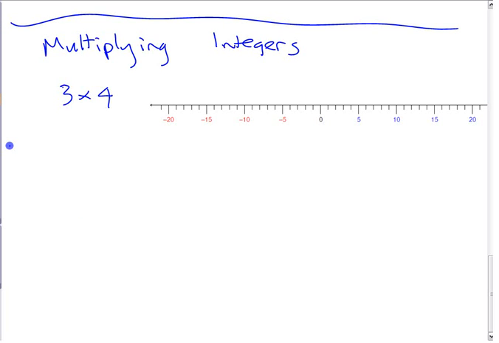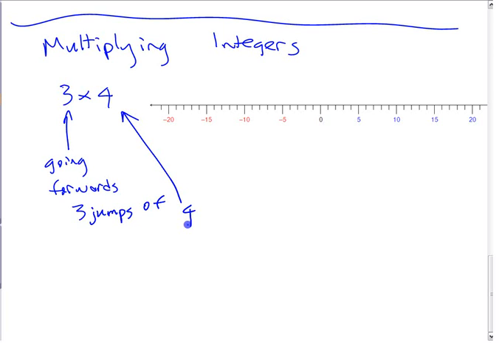Or a way you could represent it on the number line is 3 times 4 is like doing 3 jumps of 4, going forwards. This is like saying I'm going forwards 3 jumps, and each jump is 4, right?